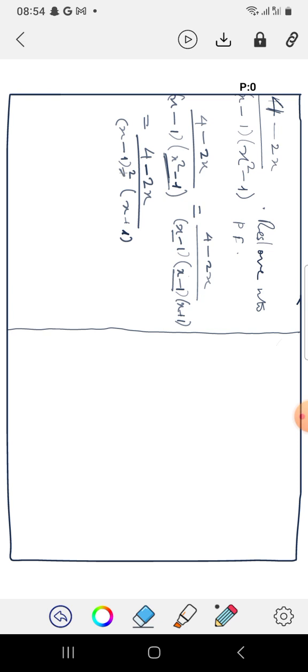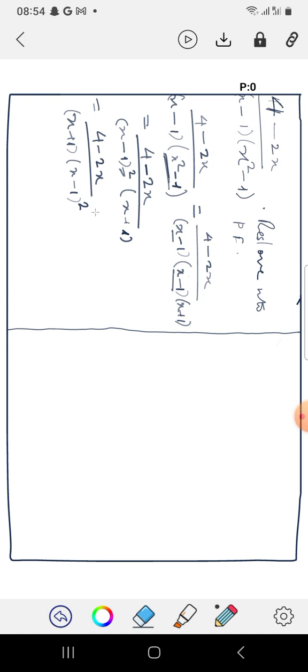Now, how do we resolve this situation? Let me say it's the same thing as 4 minus 2x, and I want us to look at it the way we have been looking at everything, over x plus 1 times x minus 1 raised to power 2.